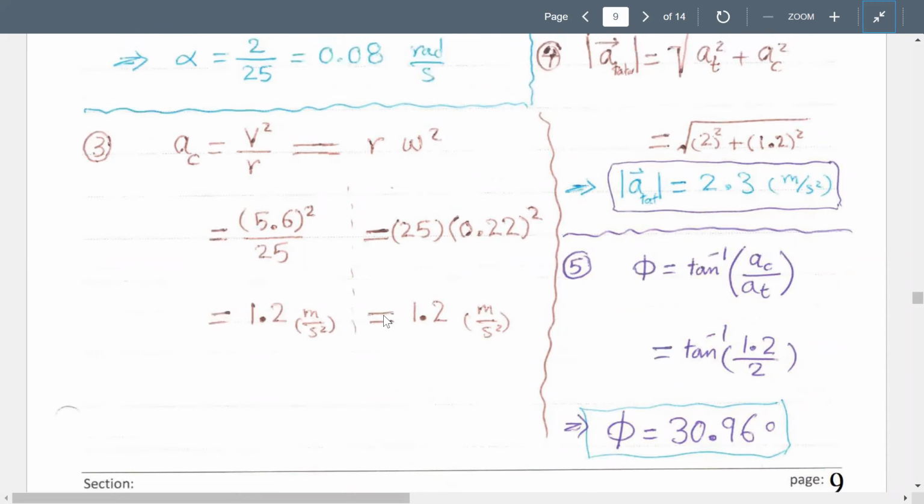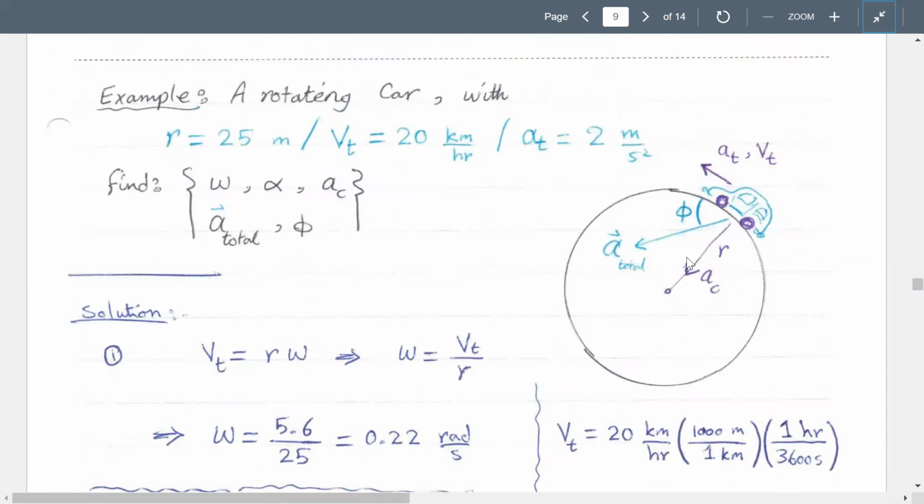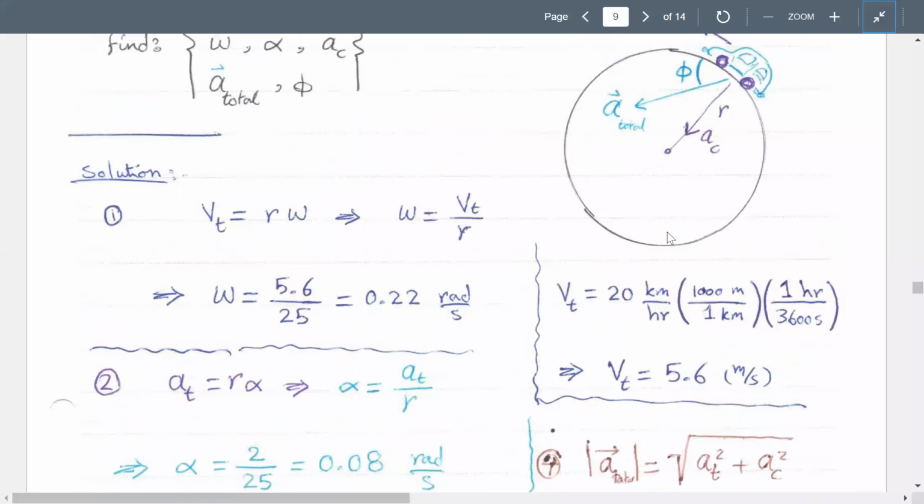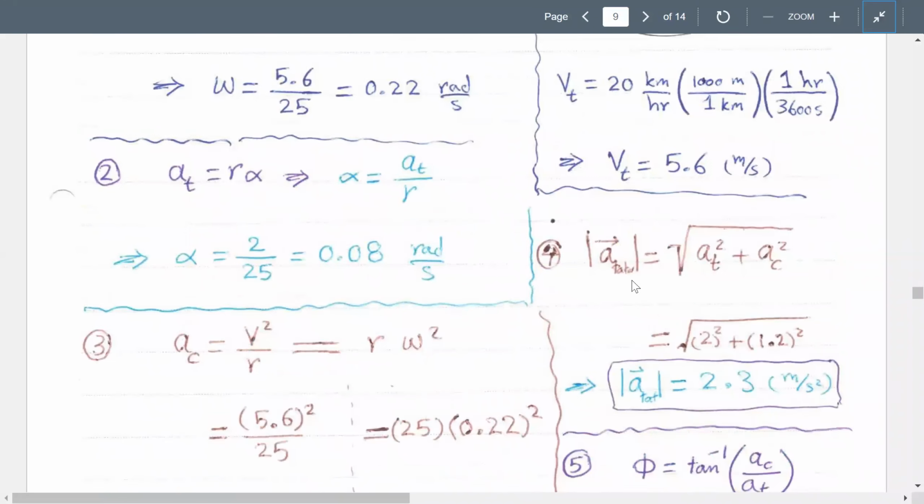Okay, what is the total acceleration? Now I need to find this total acceleration. I have tangential acceleration. We have also radial acceleration. We have two vectors. They are perpendicular to each other. Then we can use the Pythagorean theorem.